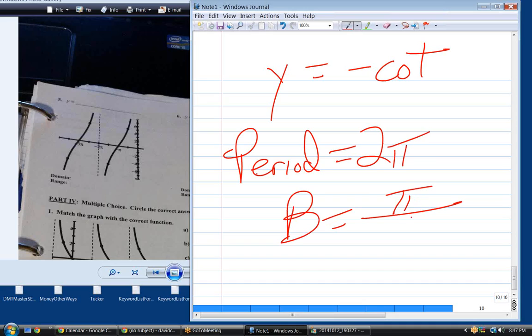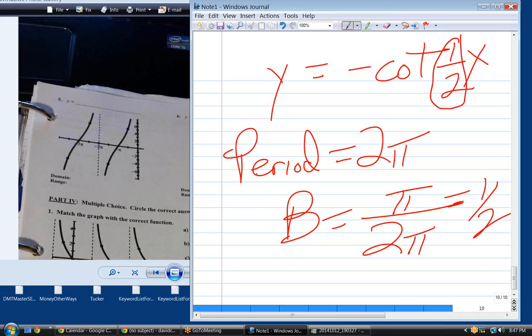Pi divided by 2 pi. So B is 1/2. Remember that numbers less than 1 have the effect of stretching out the period, and this is twice the normal period. In other words, the normal negative cotangent would have a period of pi.